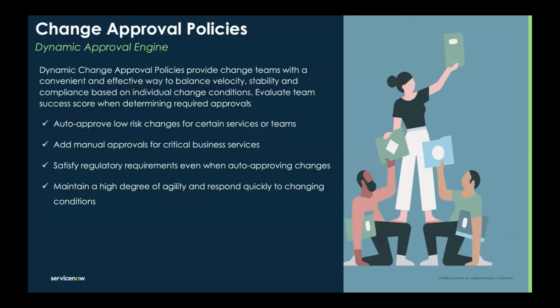You might have a blackout that you need to implement quickly because of issues in your environment or something that's come up that you need to manage. And with change approval policies, you can easily do that. They also help accelerate time to value because they're really removing a lot of the manual overhead around approvals, and everything is data driven.